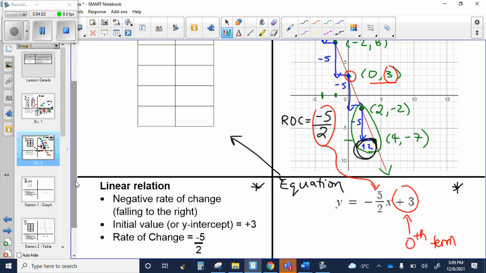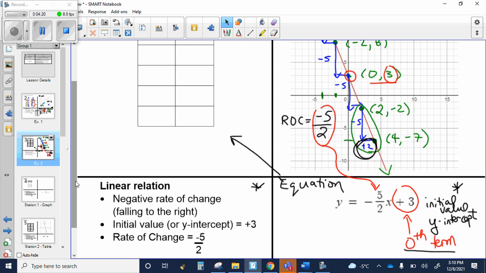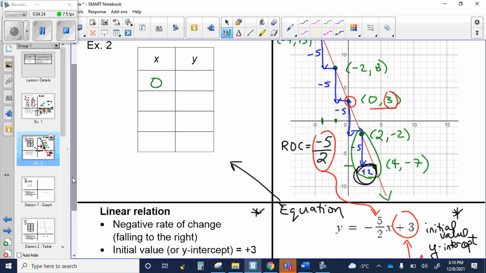For the 0th term, that's your initial value or your y-intercept. I would always start by putting that into my table of values. So it is the 0th term, which means that's what x equals.